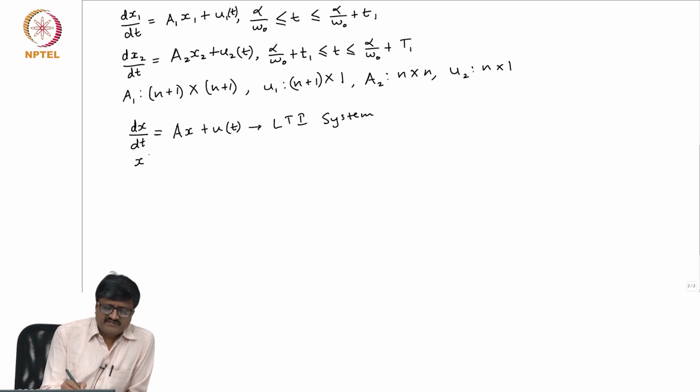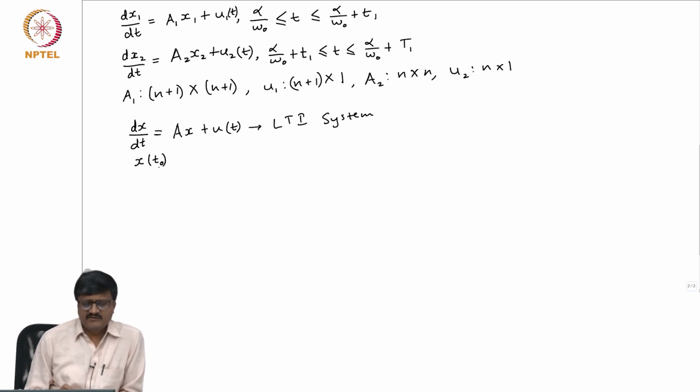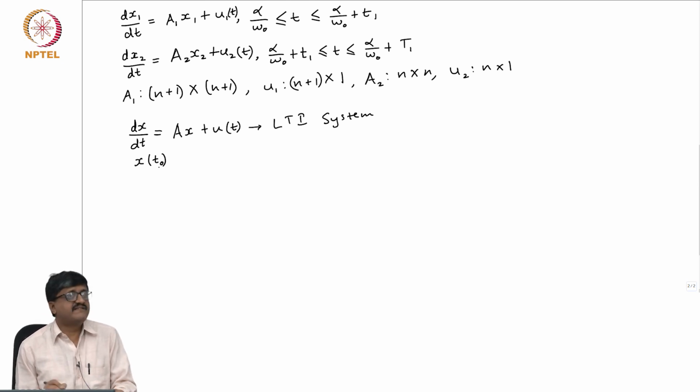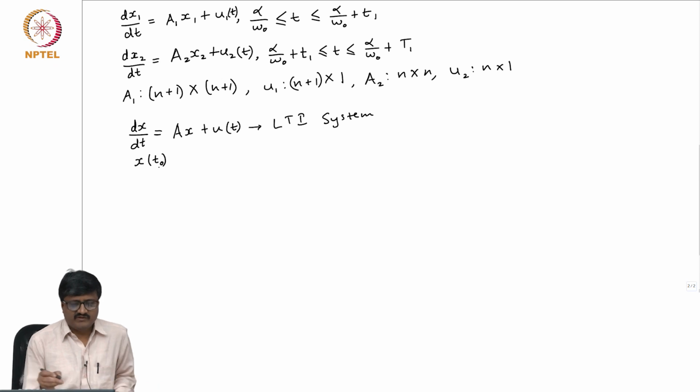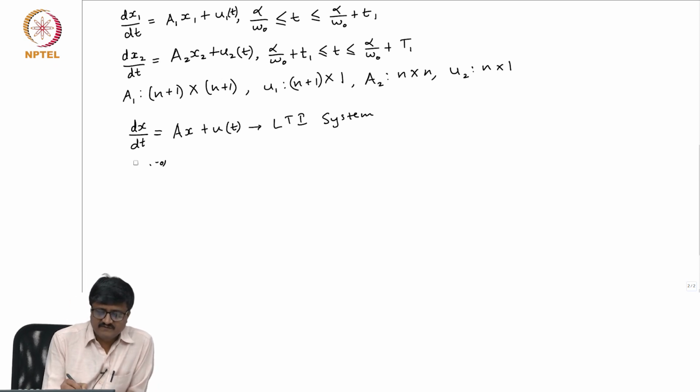We usually start with some value of x. Solution means the expression for x as a function of the independent variable time. Time is the independent variable. Let me say what a solution is first of all. Solution means x as a function of time.